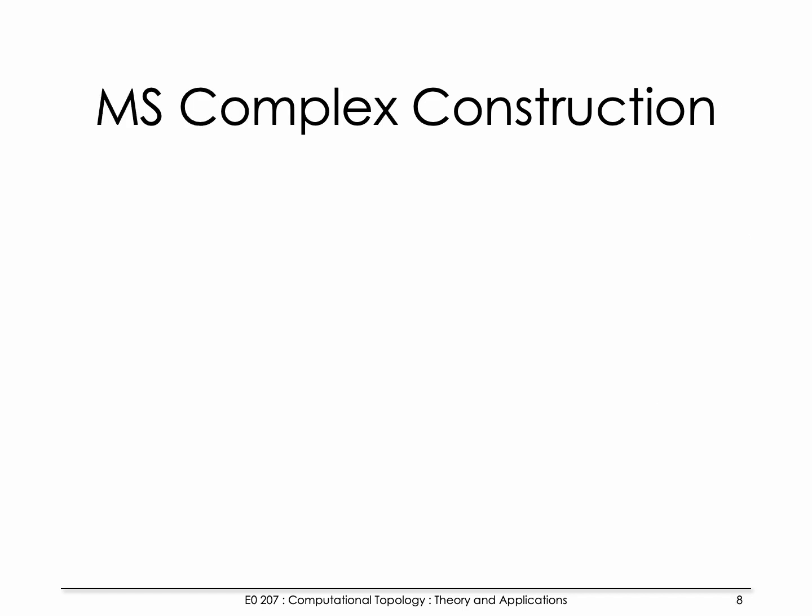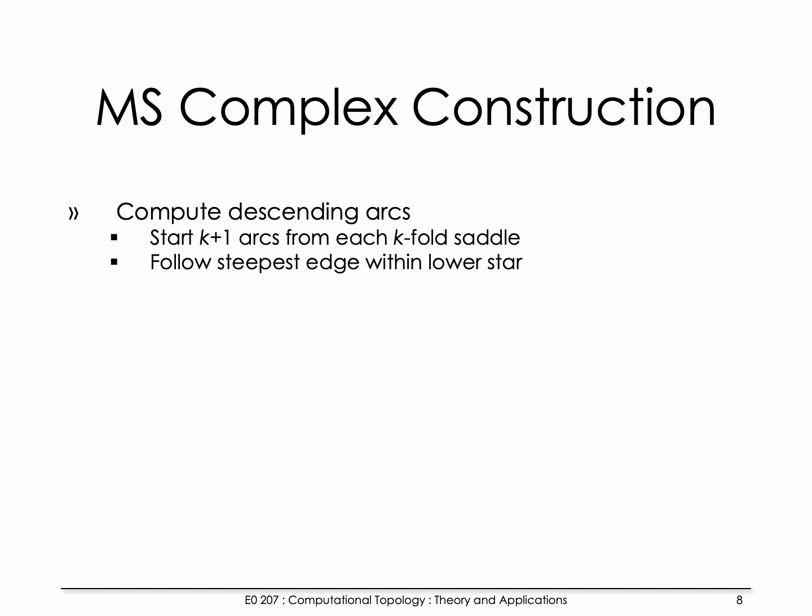So now, how do we construct the Morse-Smale complex? So far we have constructed only the Morse complex, and specifically I have talked only about descending arcs, but the same algorithm essentially applies to ascending arcs, as you would have realized. So how do we construct the Morse-Smale complex? Well, we can start by computing the descending arcs using the sweep algorithm, for example.